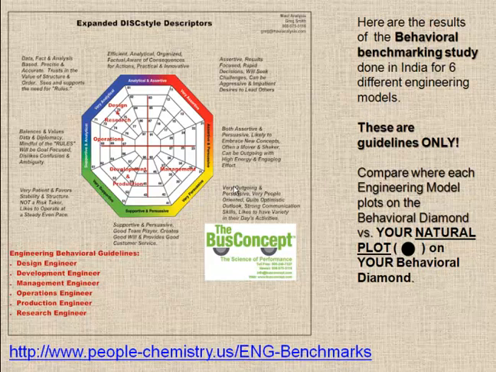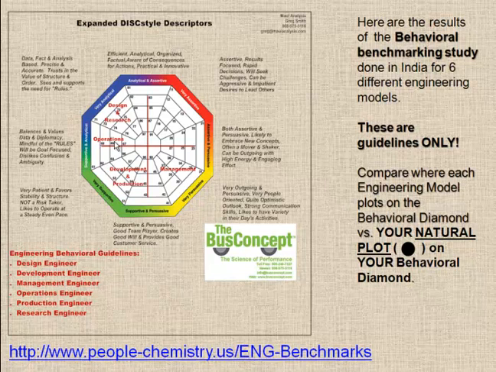Now, these are the results of the 6 different engineering models, and this is where they plot on the wheel. The management engineering model plots here in this lower right-hand quadrant. The development engineer and the production engineer both plot here in the lower left-hand quadrant.